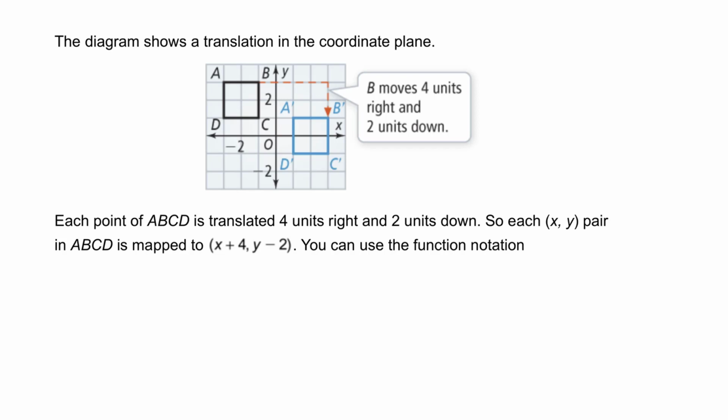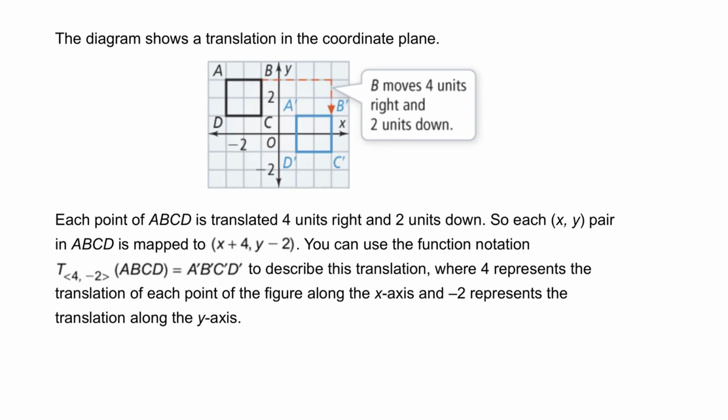So each x, y pair in quadrilateral ABCD is mapped to the coordinates x plus 4, because its x-coordinate increases by 4, comma, y minus 2, because its y-coordinate decreases by 2.